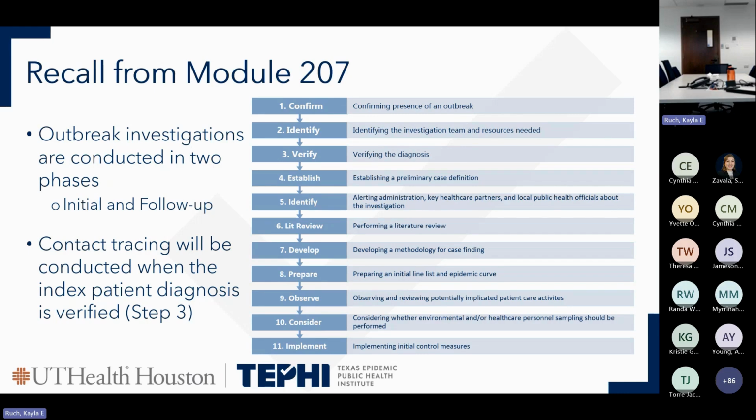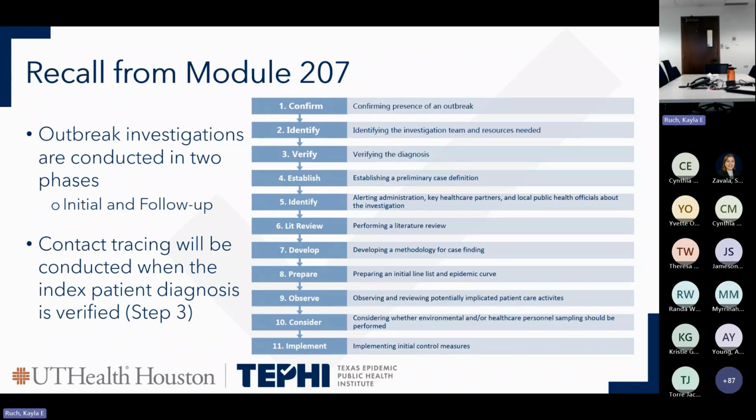One side does the outbreak investigation, continuing with these 11 steps, while one person or a team of people does a contact trace, identifying who's been potentially exposed, getting them tested, getting them treatment, and putting them in isolation. So these two processes are done simultaneously.